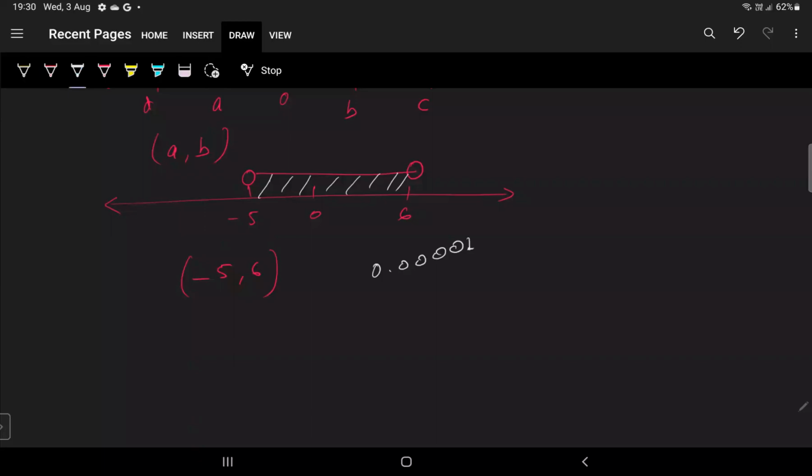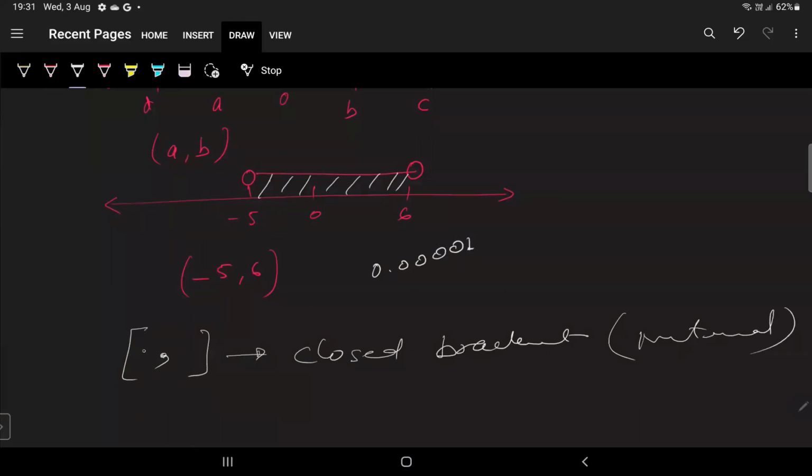Anyway, when we are writing an open interval, that means we are not including -5 and 6, but all the numbers between -5 and 6 will be considered. Now this is called a closed bracket, or closed interval also.